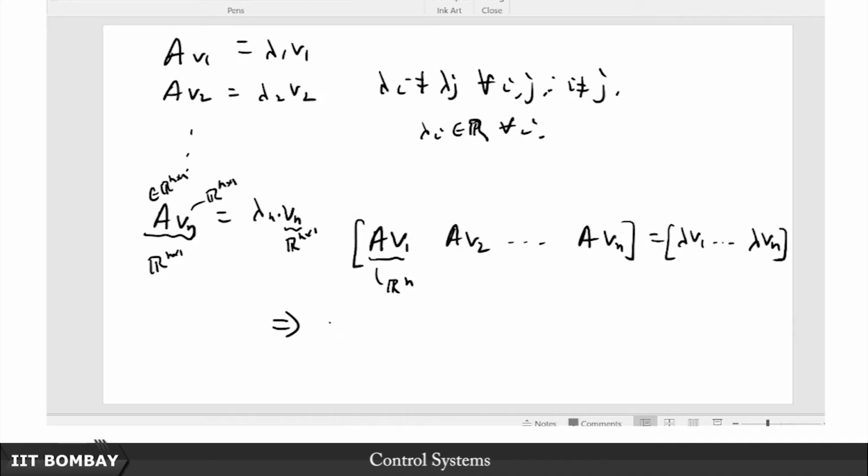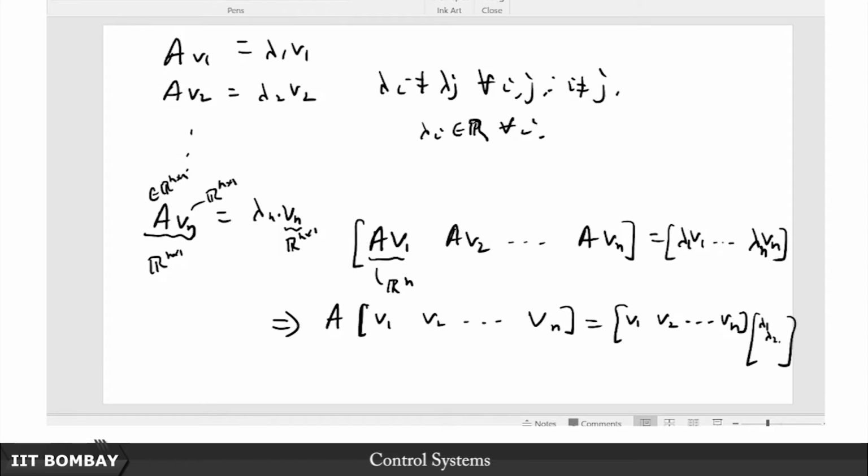This then tells us that we can pull out this A on the left hand side, and we can write this as V1 V2 dot dot dot till Vn is equal to, on the right hand side, and I urge you to verify that this is indeed the case, V1 V2 dot dot dot till Vn, and then I take this diagonal matrix lambda 1 lambda 2 till lambda n.